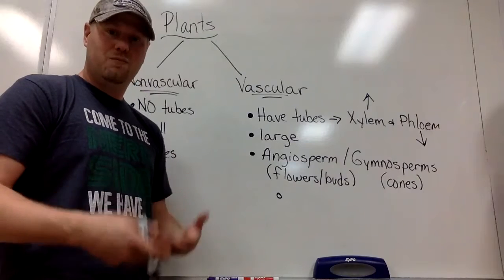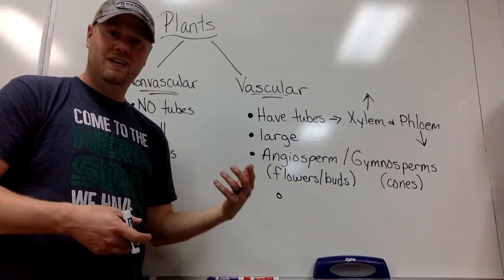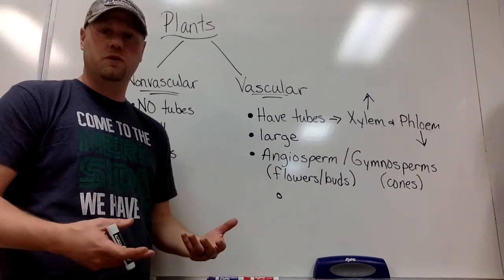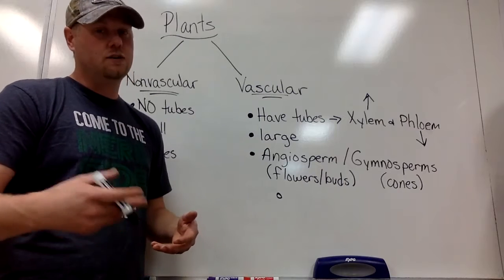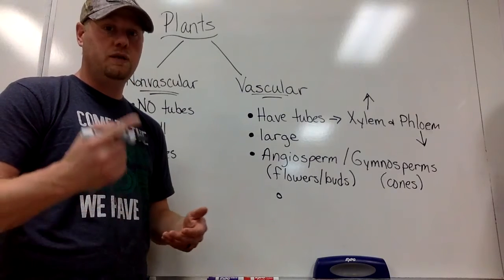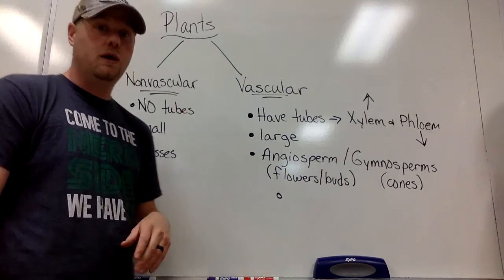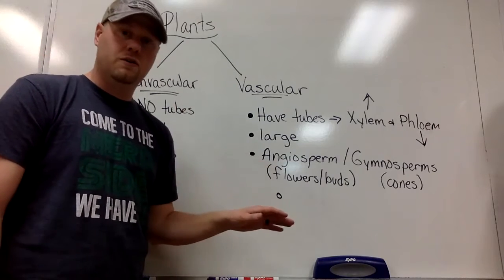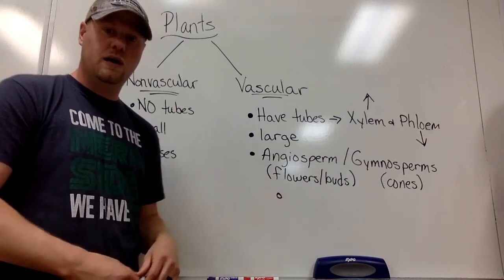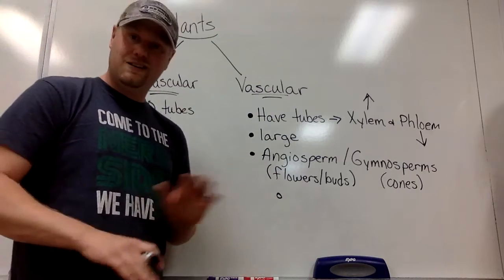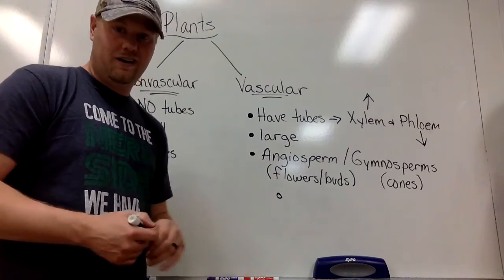A monocot plant is only going to have one leaf when it sprouts from the soil. A dicot is going to have two. So mono means one, di means two. That's an easy way to remember it. There's a whole bunch of other characteristics that we can talk about with monocots and dicots, but I'm not going to get super detailed on that one, okay?